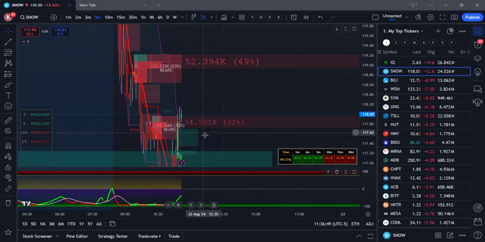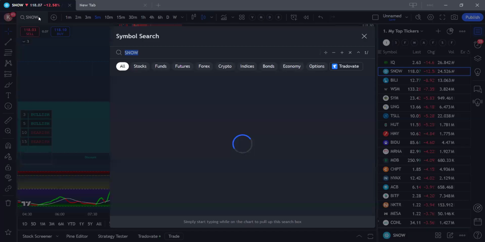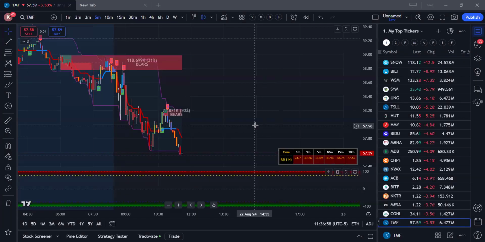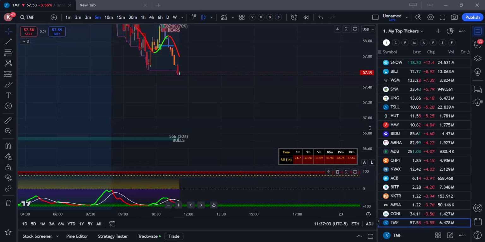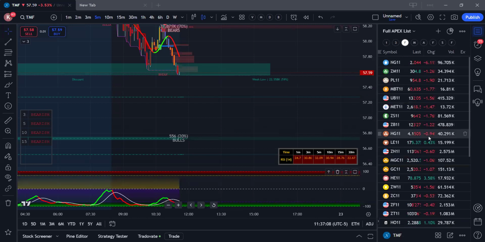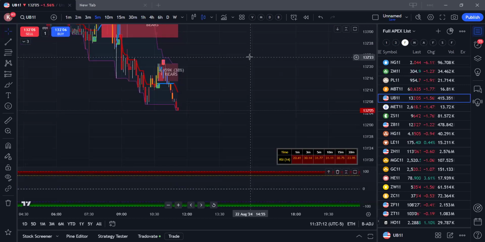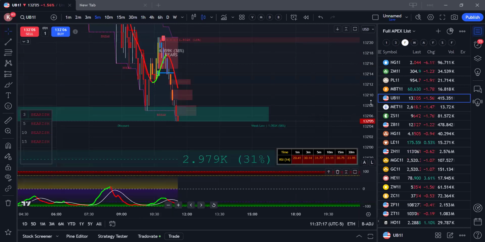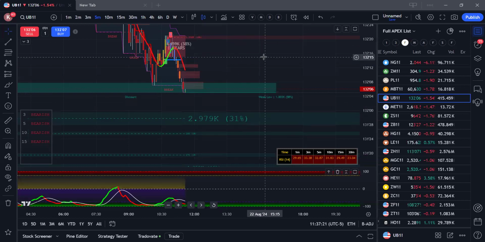It might come all the way here or do a double bottom and then go up.